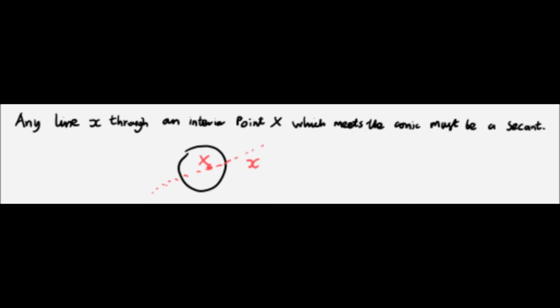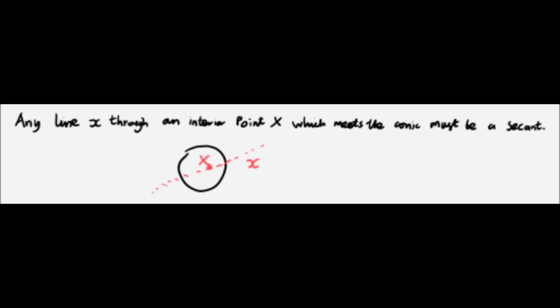So let's say we join this point capital X to some point capital Y on the conic. We know that this line XY isn't a tangent line, and we know that it holds some points of the conic, so it has to be a secant. So it's fairly trivial to find a secant of an interior point.